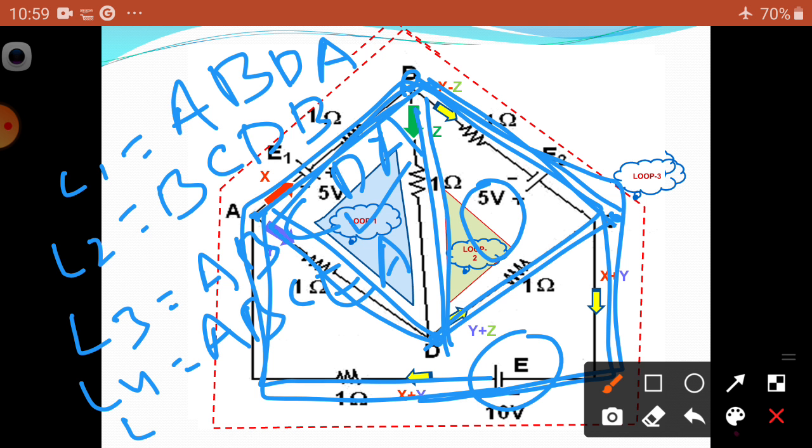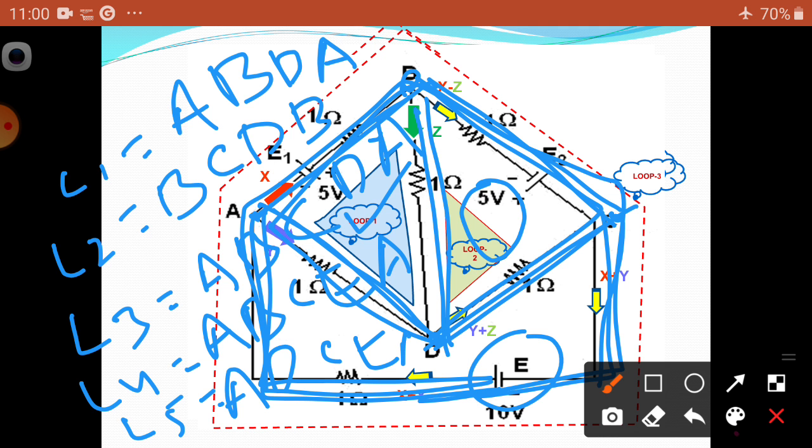Now, L5, another loop, I can write from the same E, A, D, C and this one. So, that is equal to A, D, C, E, A.